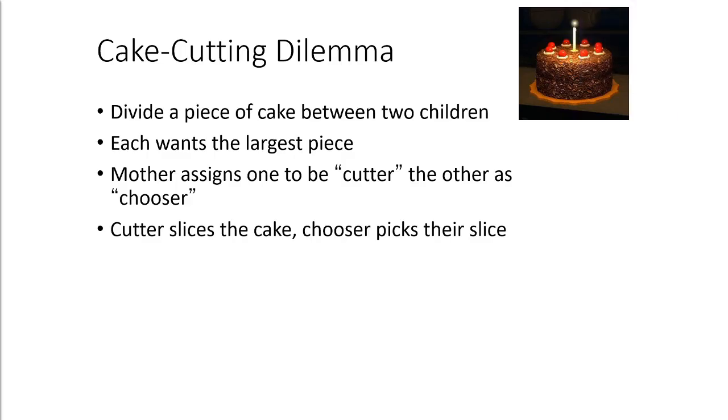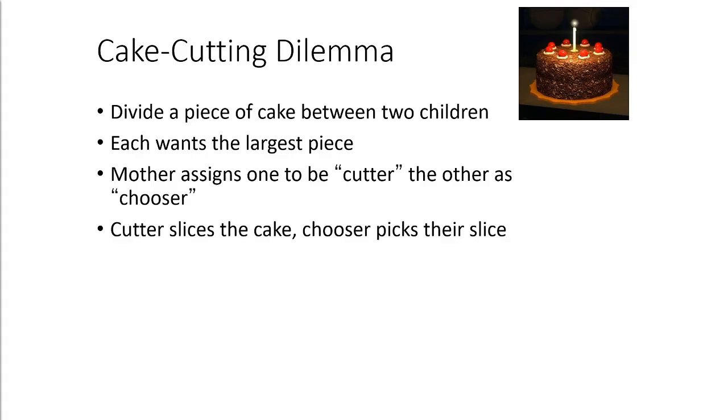We can consider the Minimax algorithm by first considering this scenario. Imagine that a parent has two children. They both want the last bit of cake that's left, and the parent needs the cake divided for the two children.